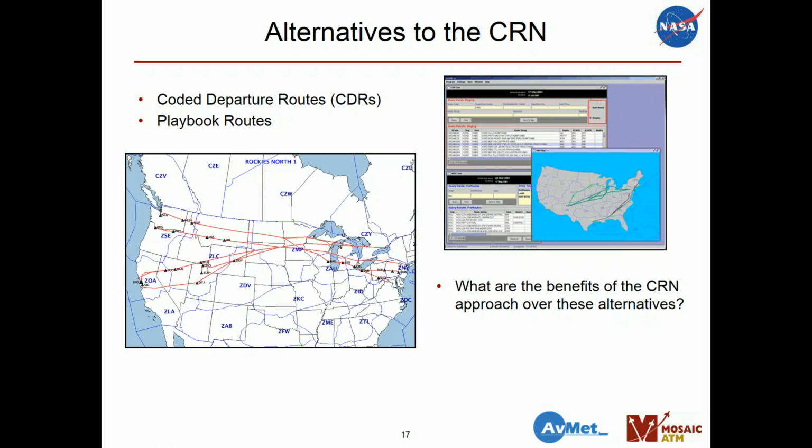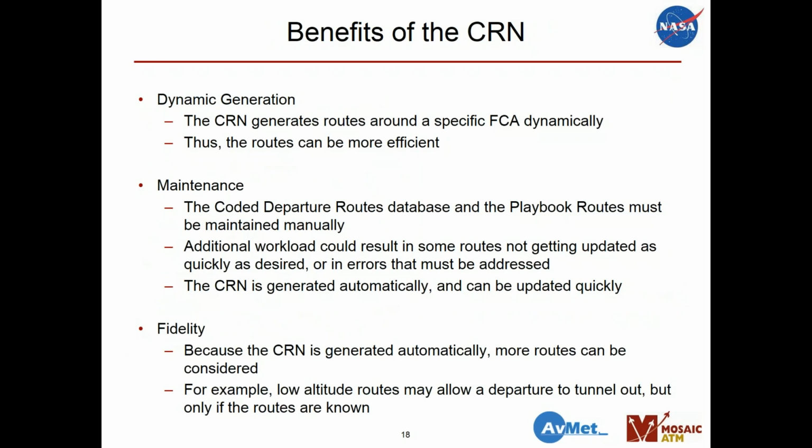Now, obviously, there are many playbook routes, and so there are possibly other playbook routes that would be better designed for particular situations. But again, they are all designed beforehand, whereas with CRN, we can dynamically design the routes in real time to be more efficient because they can go specifically around whatever the constraints are.